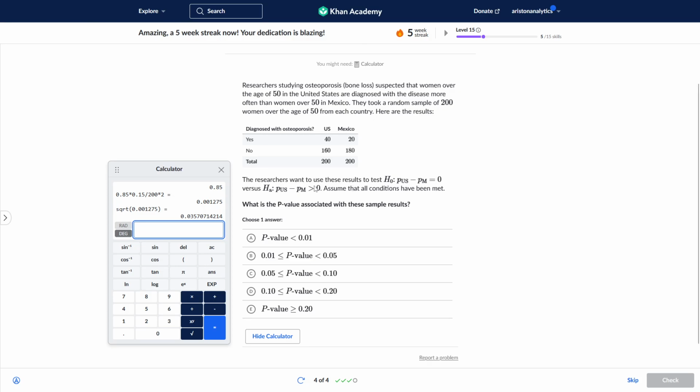Okay. Alternative hypothesis greater than. Okay, US then Mexico.